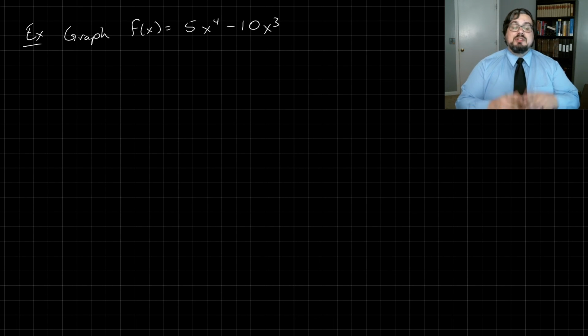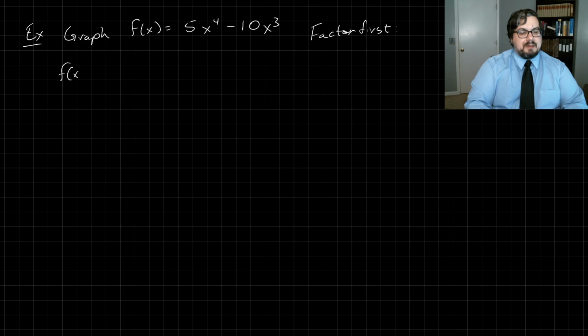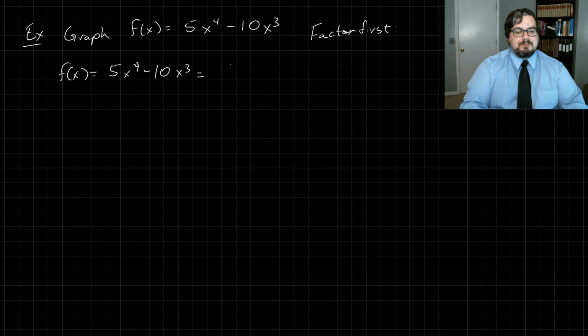Now, this function, unlike the previous one, hasn't already been factored. In that case, you want to factor first, if at all possible. So f of x is equal to 5x to the fourth minus 10x cubed. And if we factor, we can factor out 5x cubed and then times x minus 2.